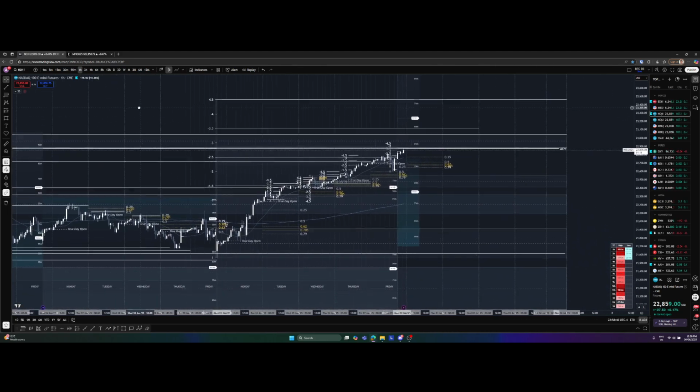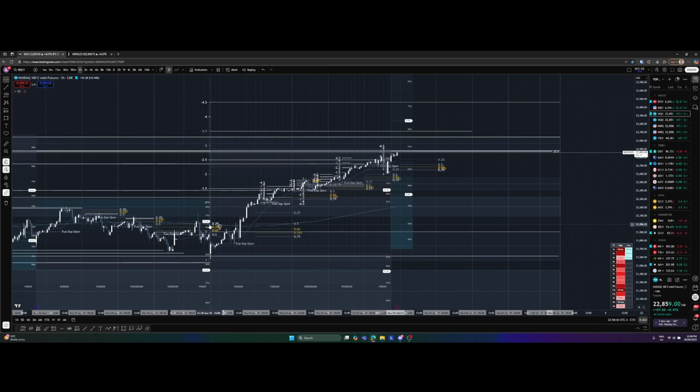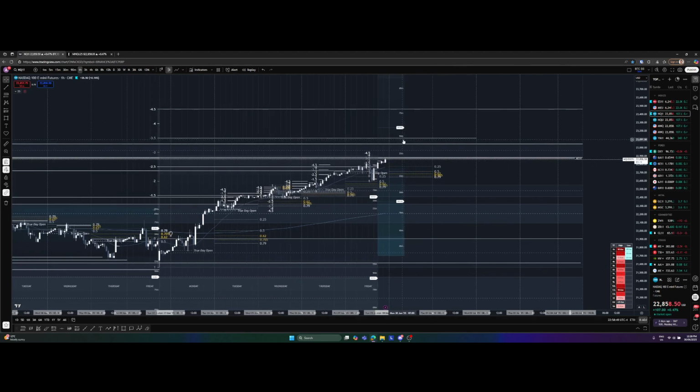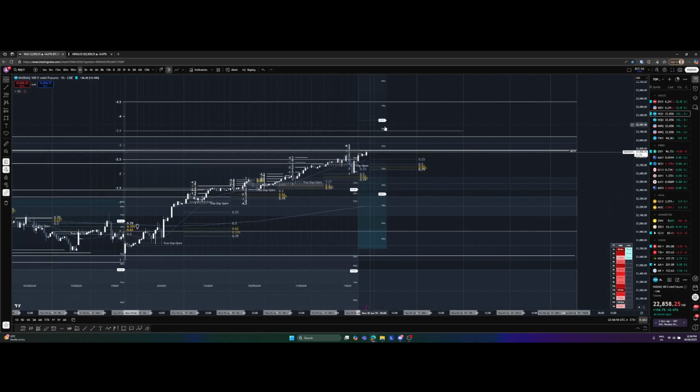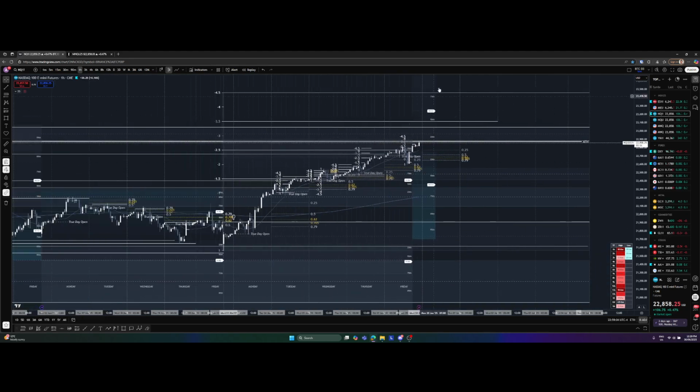And then here we've got still our standard deviations from that previous week, from that Friday into Sunday manipulation. So interesting to see if we come up here into the SD4, 4.5 round median and 75th percentile of the weekly. It's a good spot to look for the high of this market maker model for then into a plausible retracement.